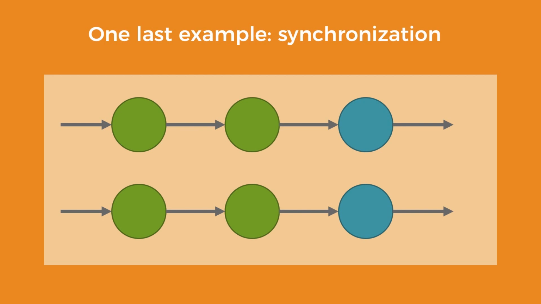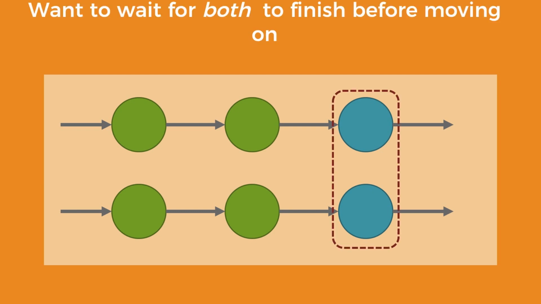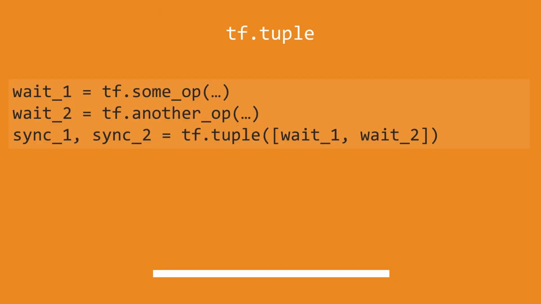So one last quick example for these. There's synchronization. If we need to wait for both of these to finish before moving on, but they're not on the same dependency graph, we can use tf.tuple to force them to wait for one another. So we have some operation that we're waiting for, and we have another operation that we're waiting for, and then tf.tuple basically says, okay, we're going to keep these operations separate, but we'll wait for them.